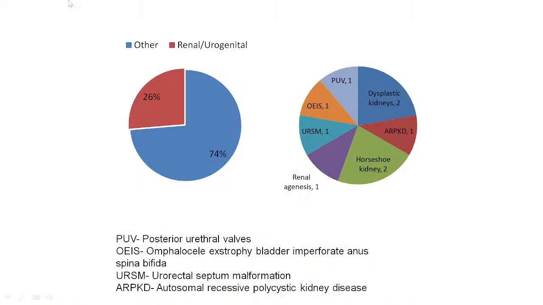Okay. So, if we see what the pattern is, Indian data is always small and missing. So, this is our own data where we have seen a posterior urethral wall anomaly, omphalocele, exstrophy with imperforate anus, spina bifida, urorectal septal malformation, and autosomal recessive polycystic kidney disease.